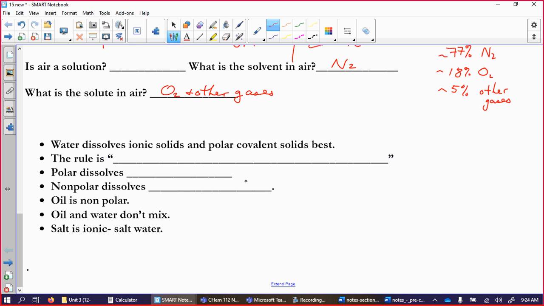Water dissolves ionic compounds. The rule for solubility is generally like dissolves like.